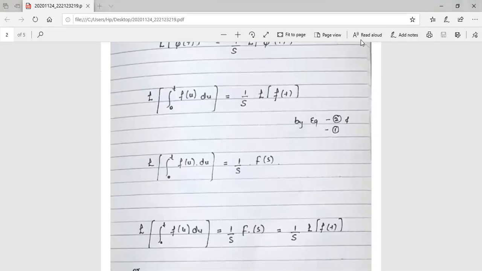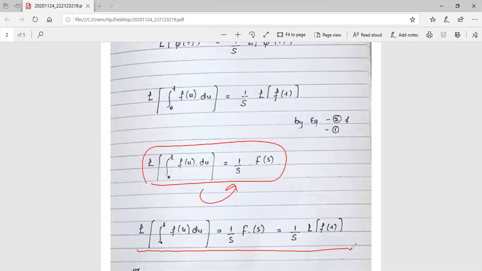So this will give your resultant answer: Laplace transformation of integral over 0 to t of f of u du is equal to 1 by s into f of s. The final answer is Laplace transformation of integral over 0 to t of f of u du is equal to 1 by s into f of s, or we can write it as 1 by s into Laplace transformation of f of t.